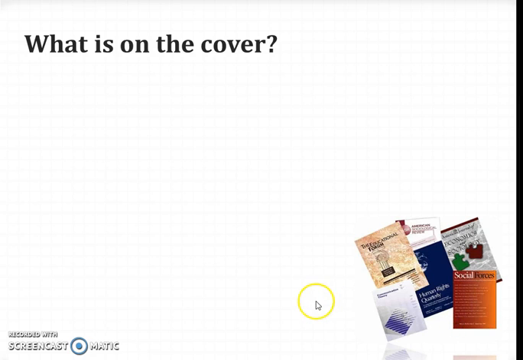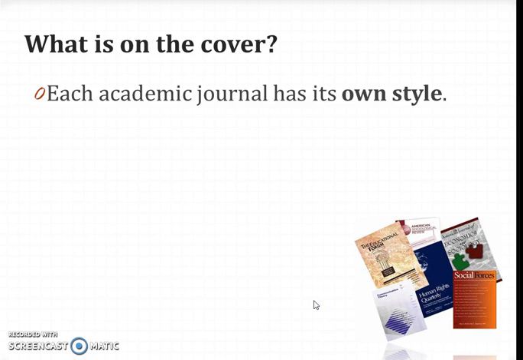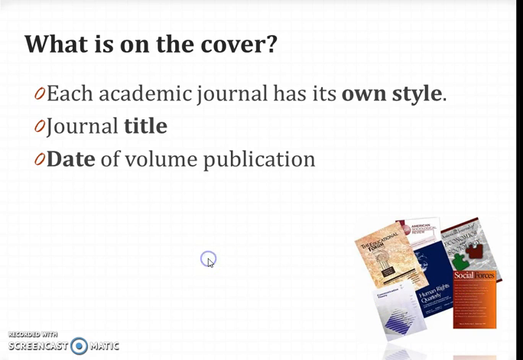So let's think, what's on the cover? Well, first of all, every academic or professional journal has its own style, and we can see here that they're all very different. They have the title, and we can see here the title, here the title, here the title of the journal. The date of the volume publication. Now the volume: each journal puts out a certain number of volumes every year.